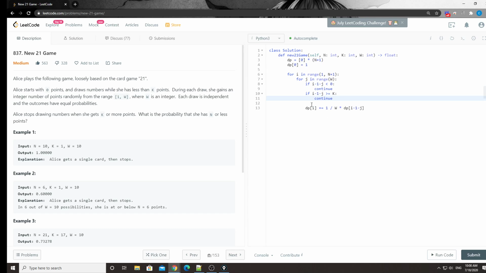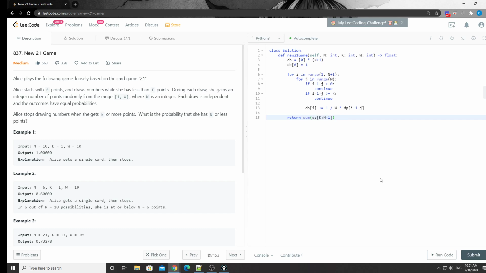Otherwise, we just summarize them together, okay? And then in the end, we simply return the sum of the DP from K to N plus 1, right? Because this is exclusive in Python.